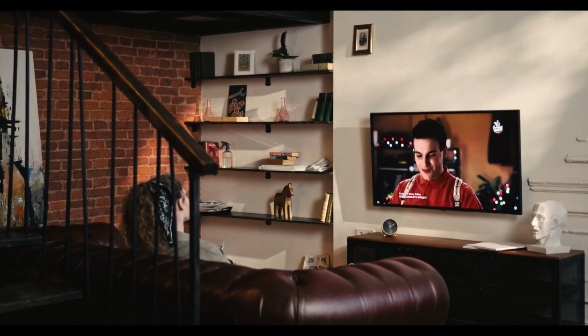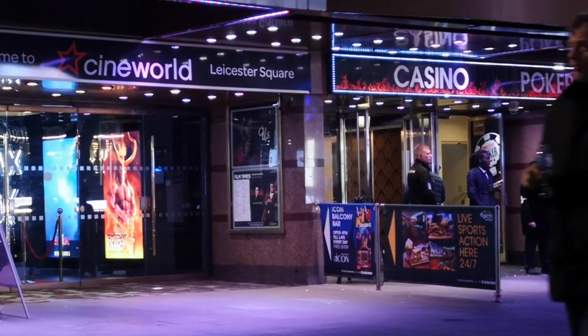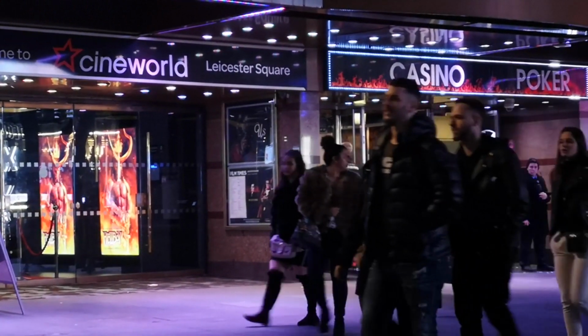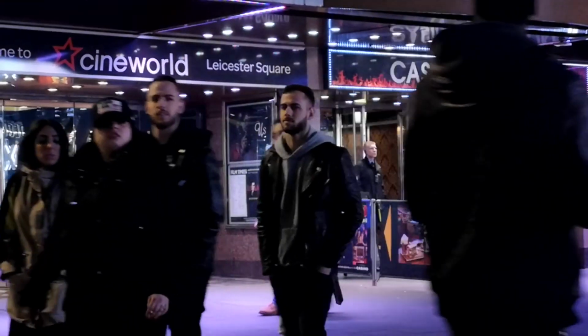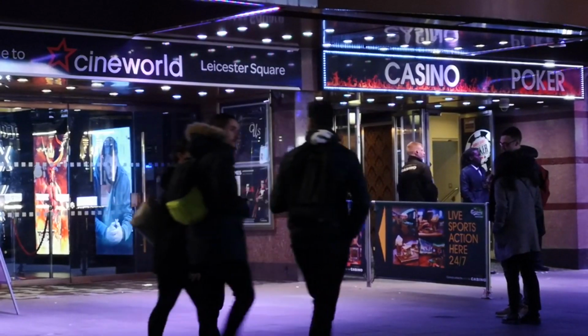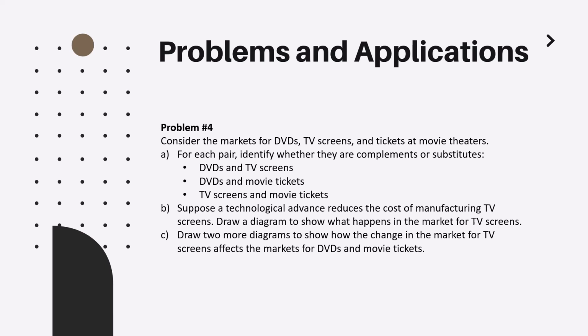DVDs and movie tickets are likely to be substitutes because a movie can be watched at the theater, at the cinema, or at home. Again, these are very simple level assumptions. You can think of higher level assumptions. You can try to enter the field of behavioral economics or even marketing and assume that if a person watches a movie at a cinema and he or she likes that movie, the next step will be that they decide to buy a DVD to have the opportunity to rewatch it at home.